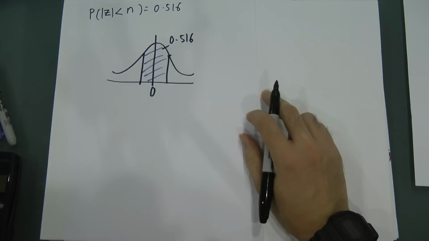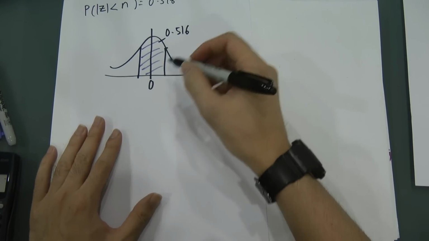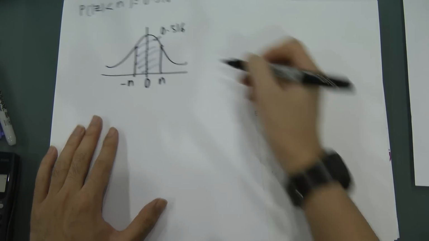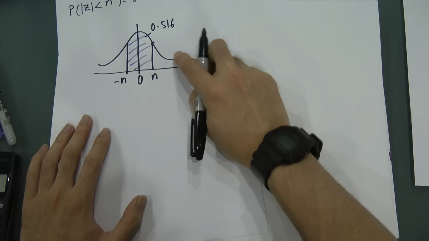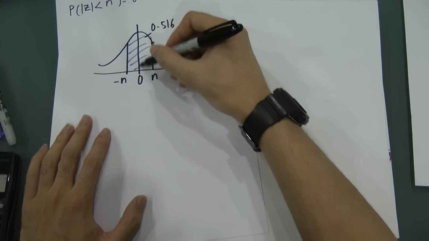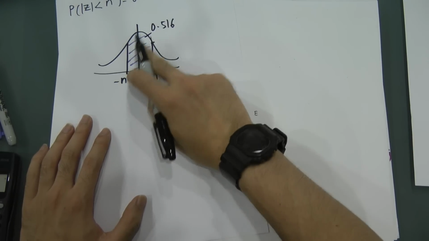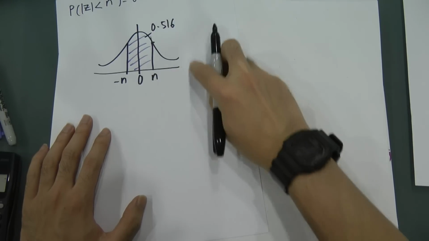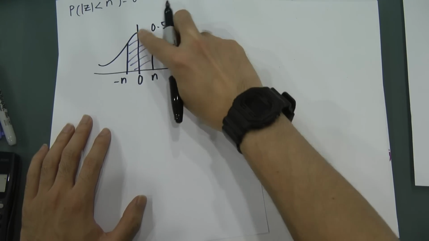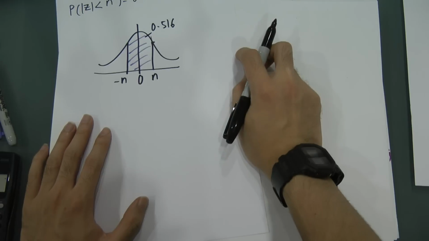0.516. Now your objective is to find this area, because if this is n, this is negative n. So if you can find this area, then you also need to find this area. Because they are symmetric, when I divide by 2, I can get this area.